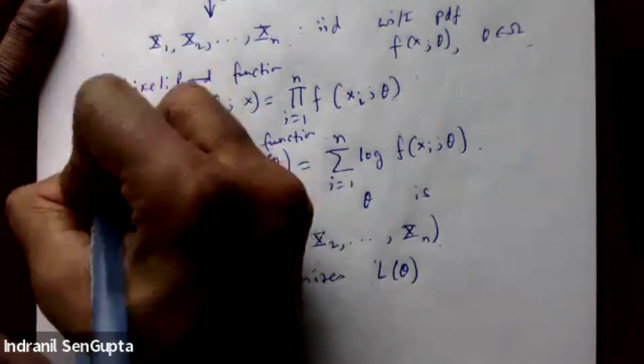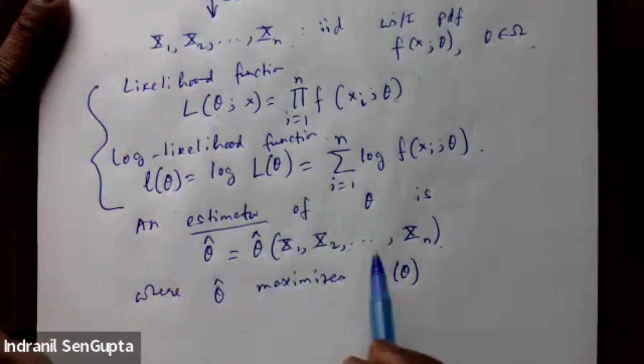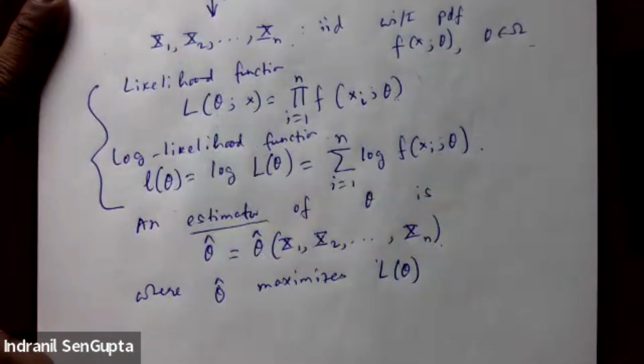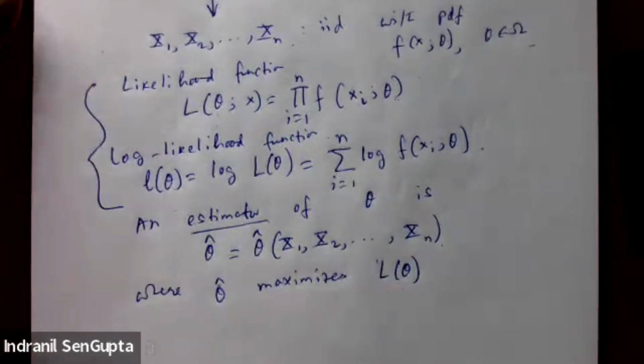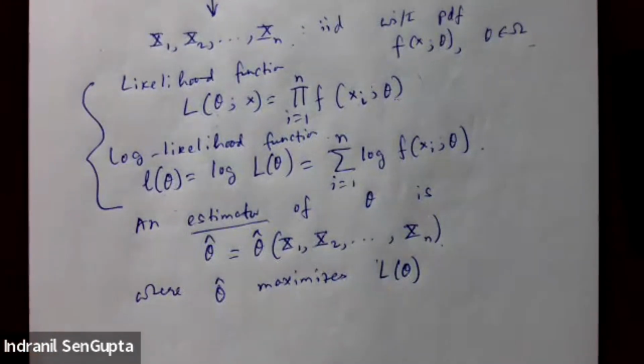Consequently, it maximizes little l(theta) too, because log is an increasing function. We have done all these discussions in the previous chapter, including how we find it and how we can compute it for a given case.